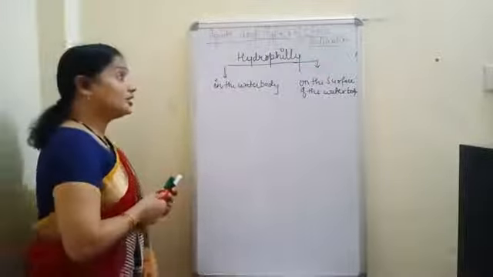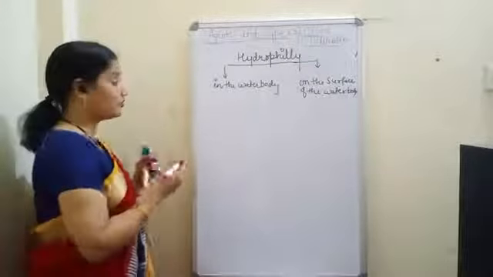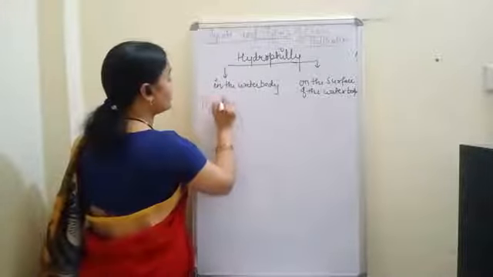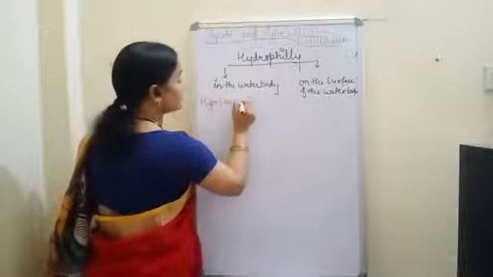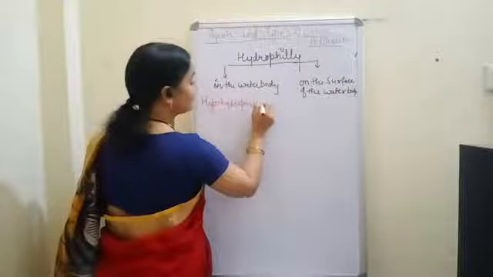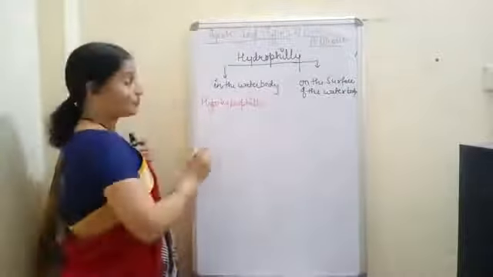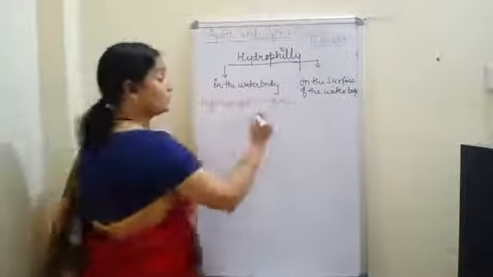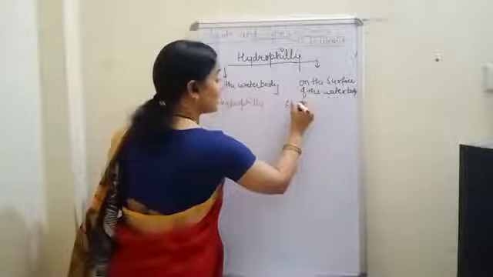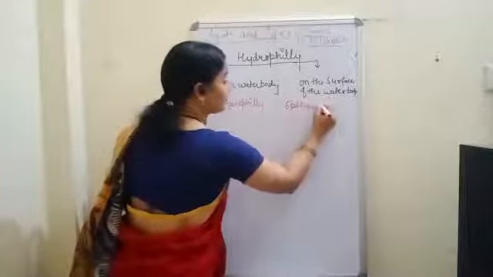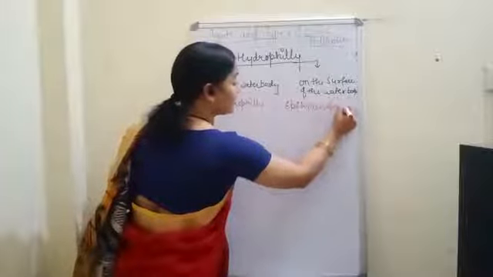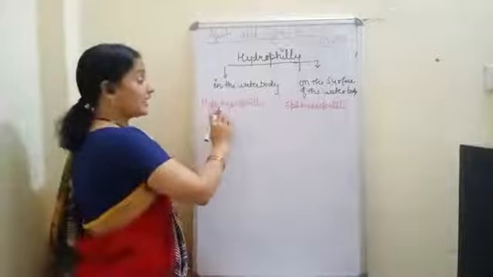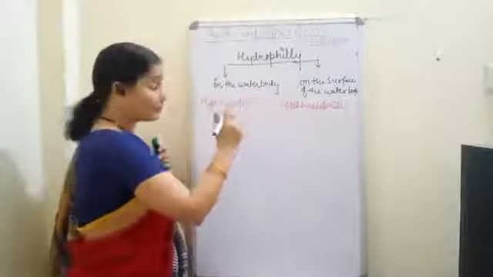If the pollination occurs inside the water body, then it is called hypohydrophily. If it occurs on the surface of the water body, it is called epihydrophily. Understood? It is also called epihydrogamy, hypohydrogamy.